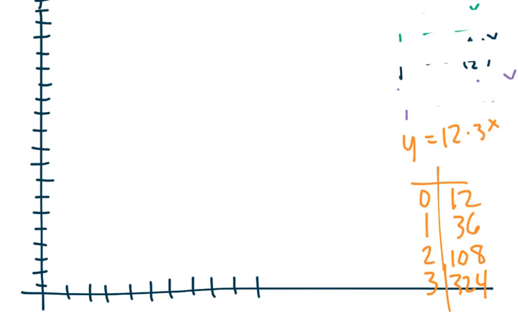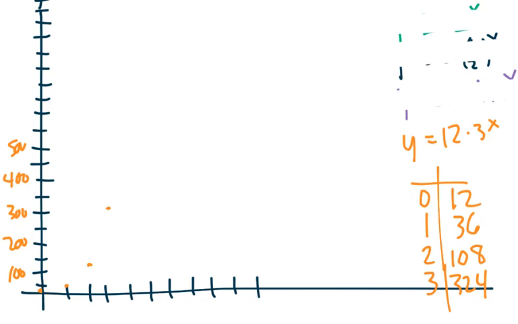So if we counted by 50s, that'd be 100, 200, 300, 400, 500, right? So 12 would be clear down here, wouldn't it? 36 would be only slightly higher. At 2, we have 108, so we're a little above. At 3, we jump up to 324.